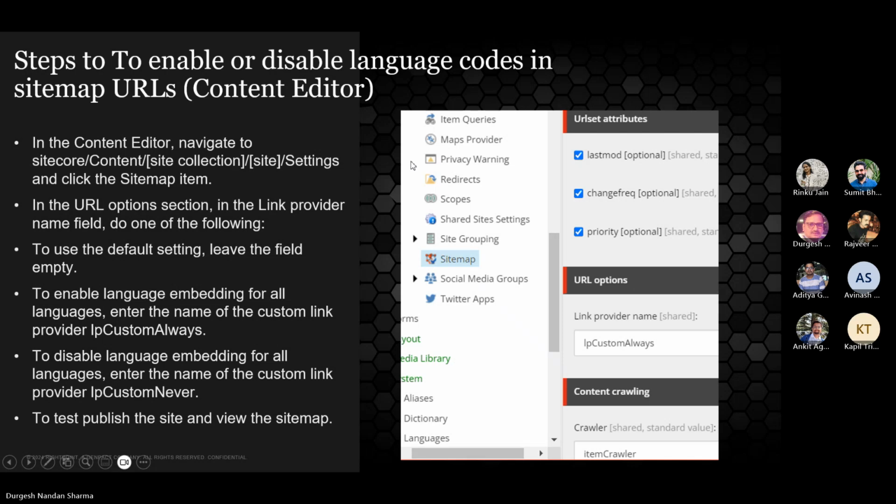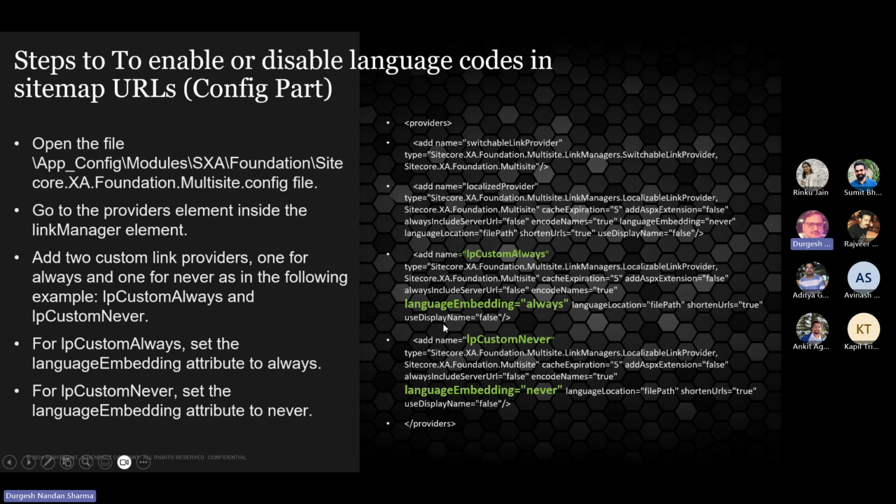In the content editor, we go to Sitecore, content, site collection, site, settings, and sitemap. In sitemap, there is a URL option, link provider name. If we leave it blank, it will be treated as the default. If we use any of the link providers, like IP custom always, where language embedding is always, it will always add the language.